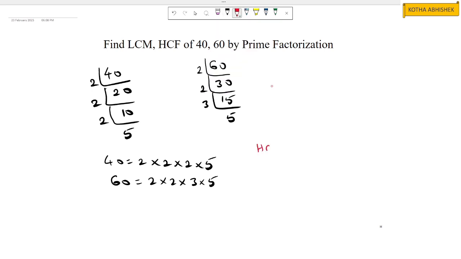To write the HCF, first pick all the common numbers from these two. 2 is common, again one more 2 is also common, next 5 is common. So HCF is 2 into 2 into 5, which equals 20. Next, coming to the LCM part.